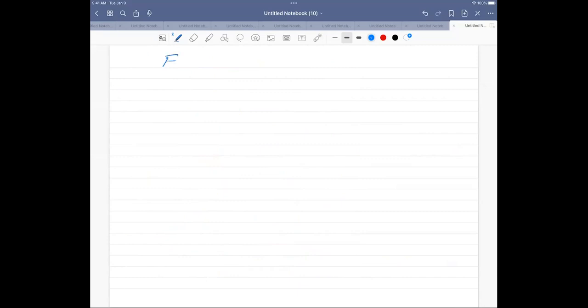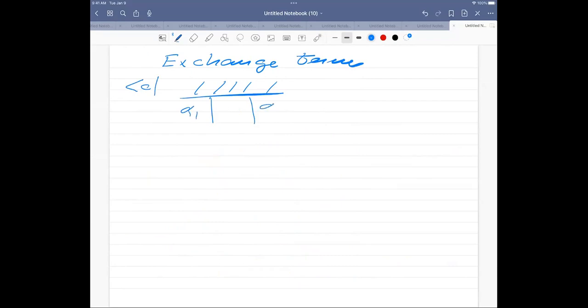And if we now take the exchange term, we still have this vacuum state. We have the state alpha 1 and alpha 2 without the arrows. We have the interaction here.